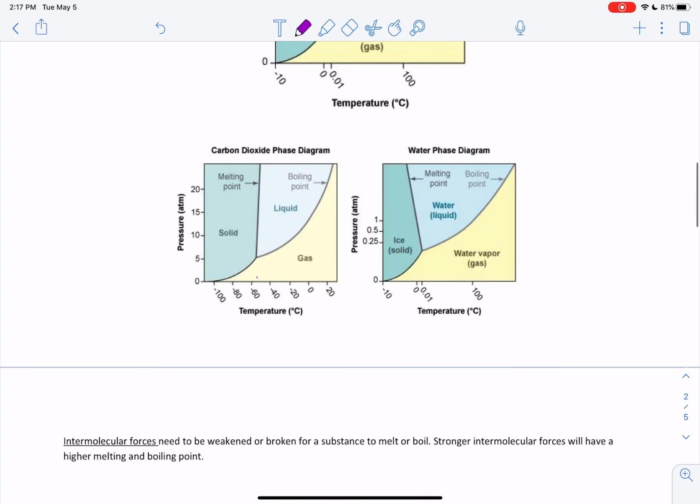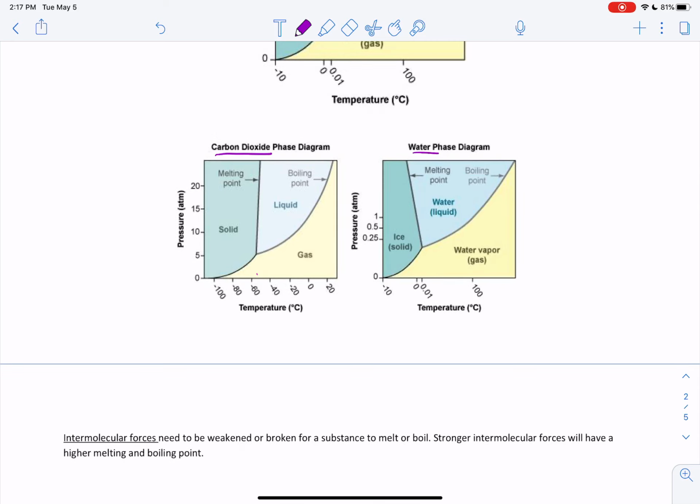Okay, I also want to point out here that phase diagrams are different for different materials. So this is carbon dioxide and this is water. And if you look at these, you can see this difference here, that water, the line between liquid and solid slopes backwards, right? And for carbon dioxide, it slopes forwards.